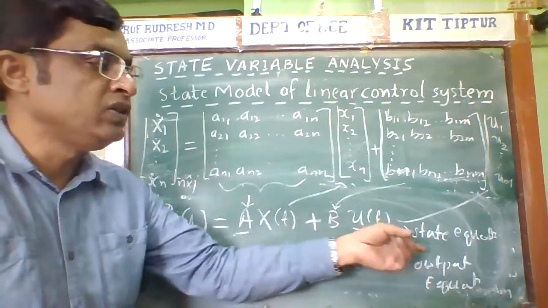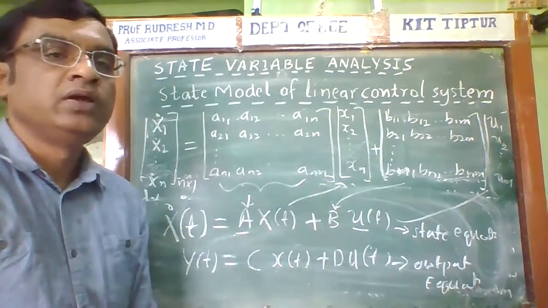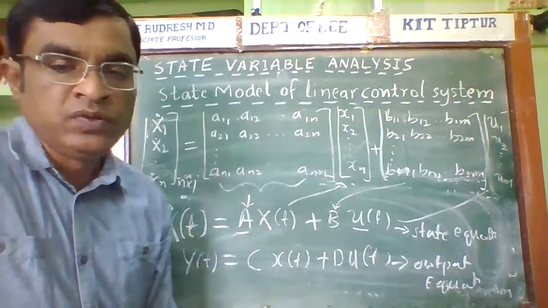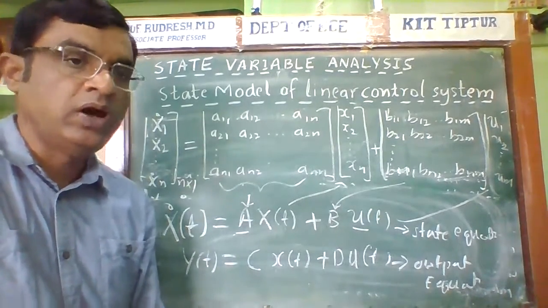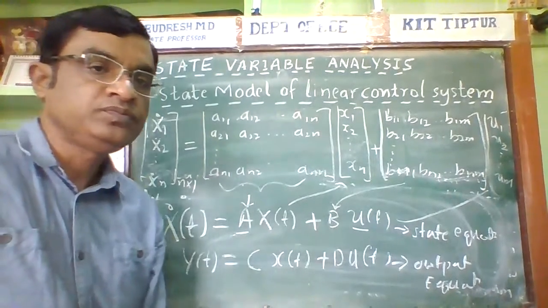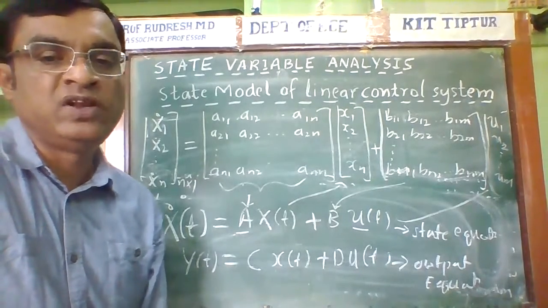In the next session, I'm going to discuss how to develop the state equation and output equation, or the state model, for a given system represented in the form of a differential equation.